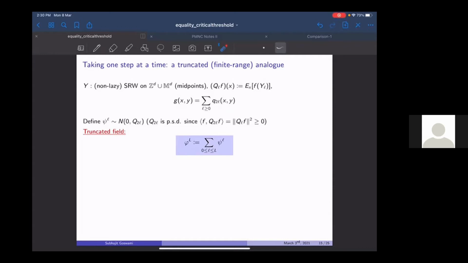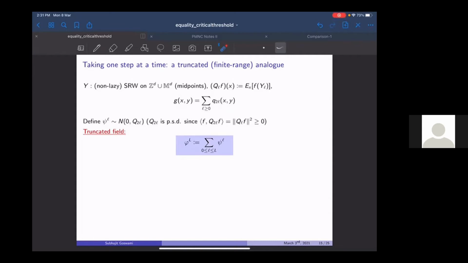Anyways, there is a very natural way to obtain finite range approximations of the Gaussian free field. So let's start from the covariance kernel, which is the Green kernel for the Gaussian free field, and what you can write it as.